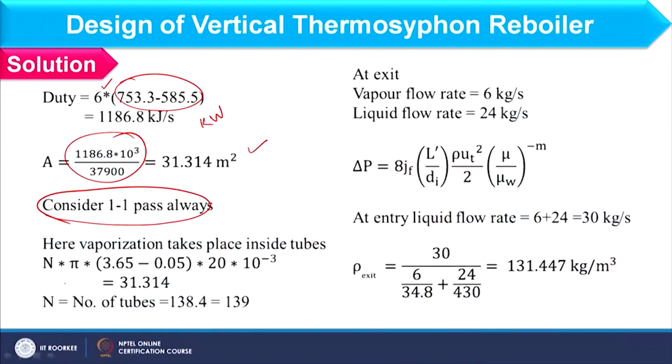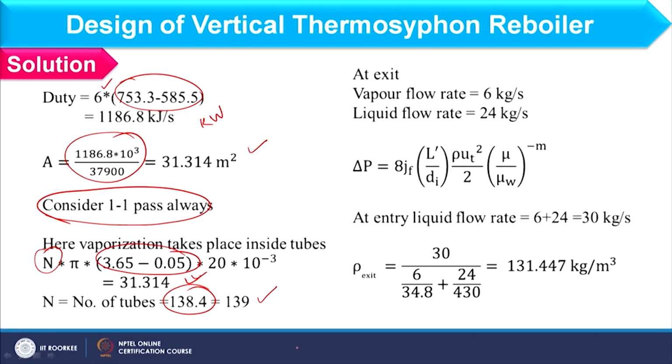So we have an expression n, the number of tubes, multiplied by pi d naught L effective, which should equal 31.314, and so the number of tubes we obtain is 138.4, which we can round up to 139.